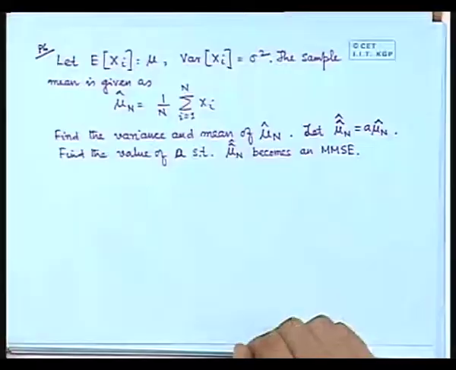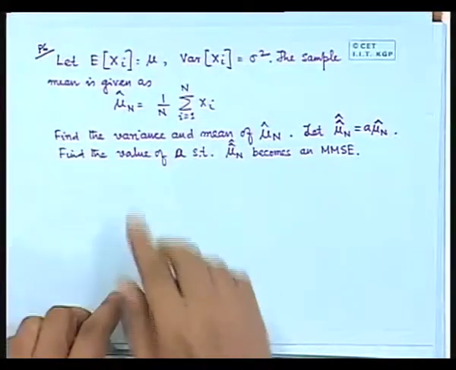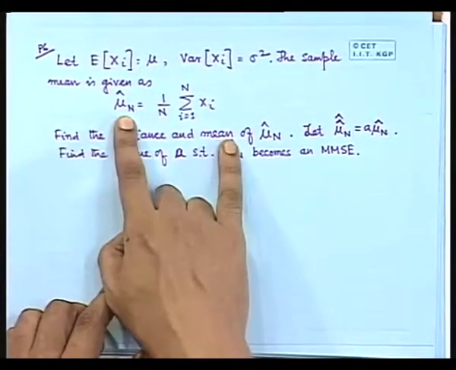Now the question is, if you consider this to be an estimate of the mean, is it a good estimate? So how do you find out whether it is a good estimate or not? At least on an average, if you found out 10,000 such means, then took their average, does it converge to the actual mean?